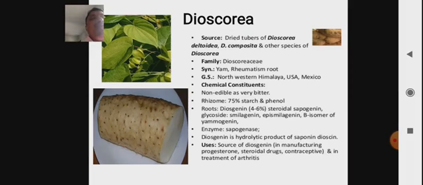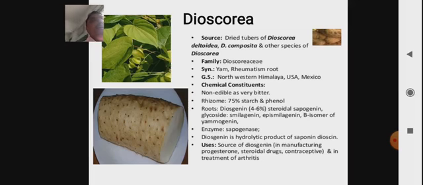Chemical constituents: mainly they contain glycosides, smilagenin, epismilagenin, the beta isomer of yamogenin, and the enzyme sapogenase. The rhizome contains 75% starch and phenol.